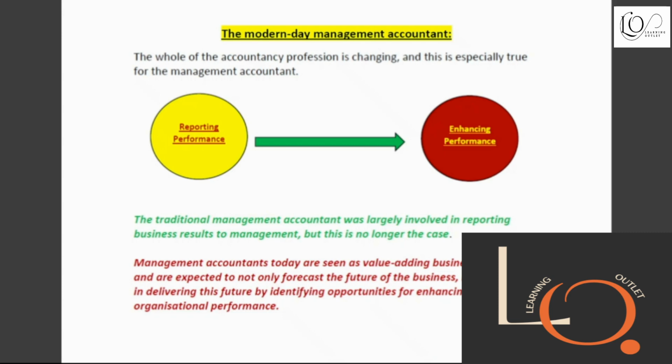So, a management accountant has to identify opportunities to enhance the performance of his organization. So, through this quick lesson, I aimed to help you understand the subsets of accounting, the three parts, what each part means, and what a management accountant actually delivers to the accounting profession.